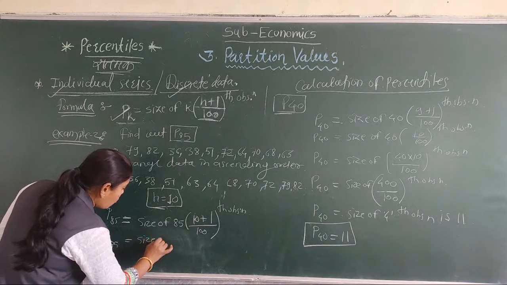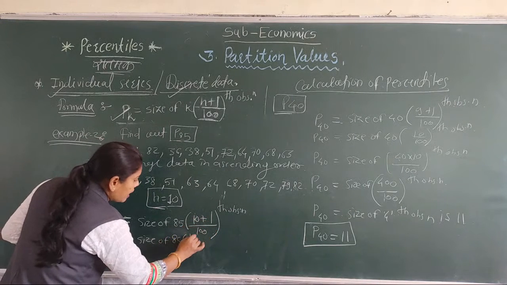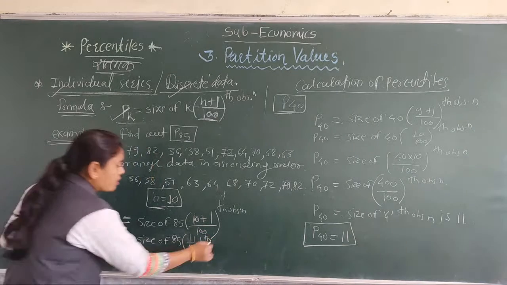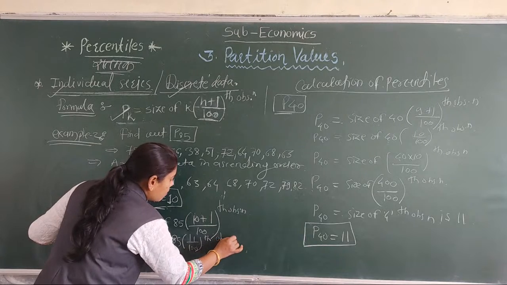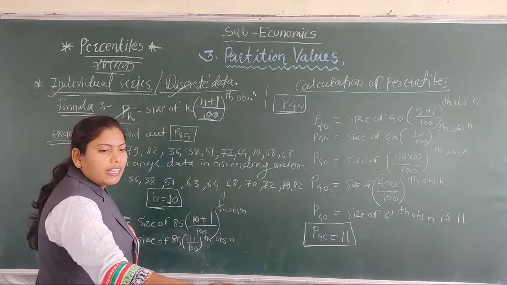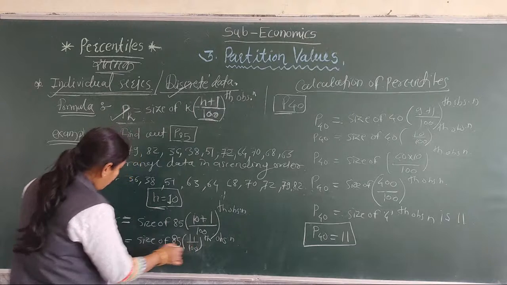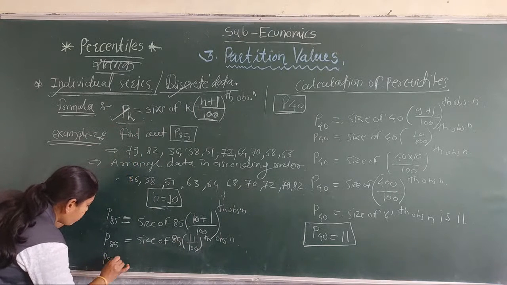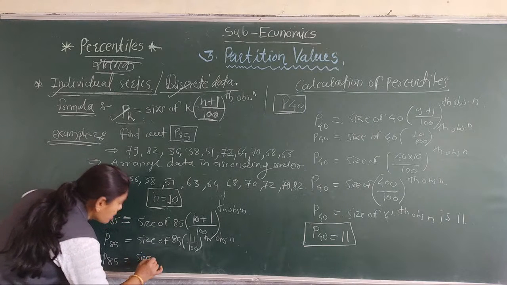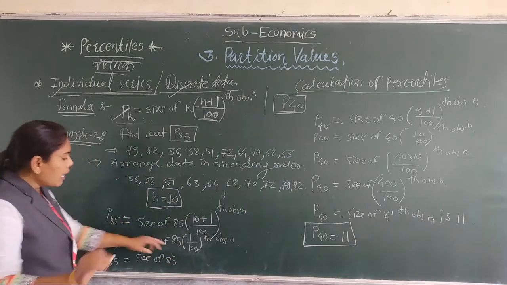Then next, P85 is equal to size of 85, 10 plus 1 is 11, divided by 100 observation. Then the next step: 11 upon 100 observation.